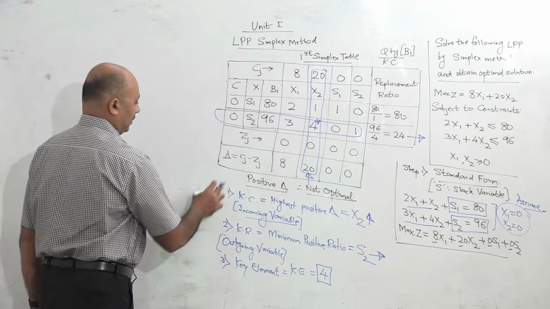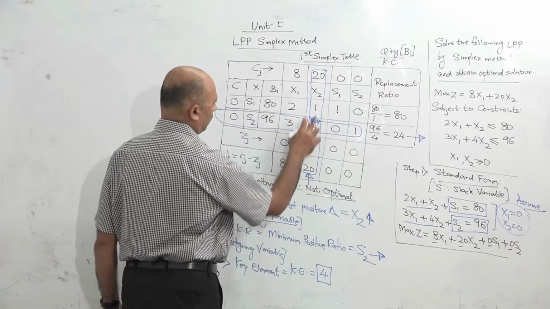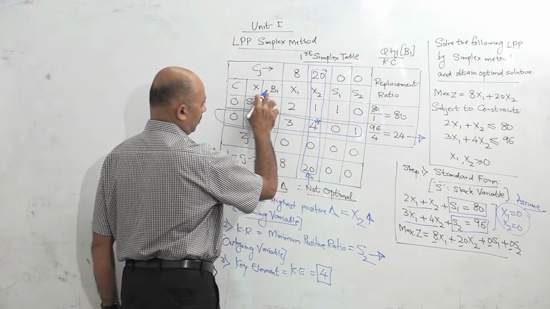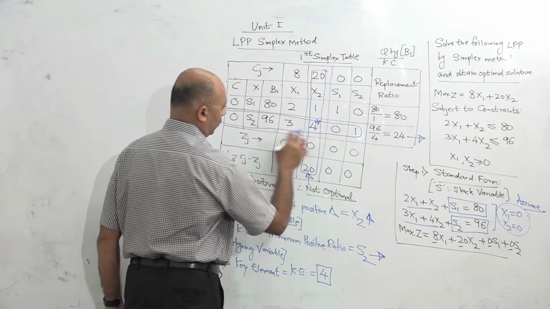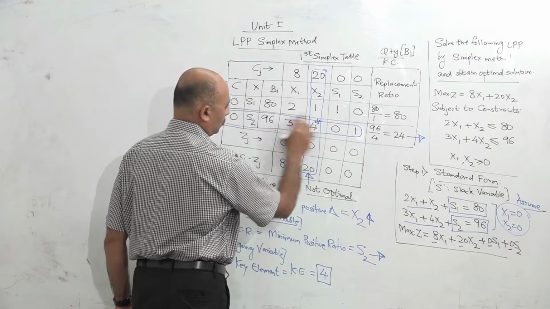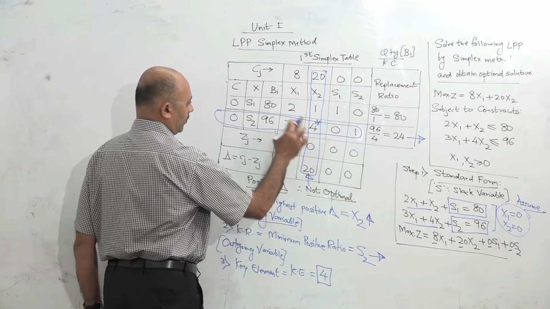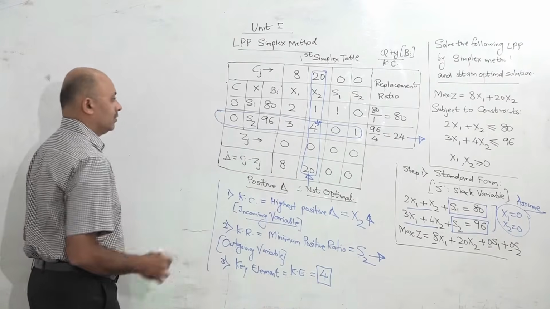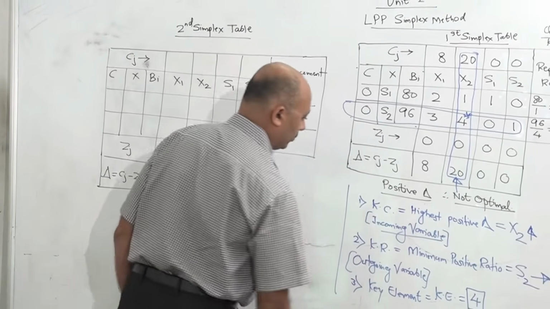Our KC, the key column, is the maximum positive delta, the incoming variable, which was X2 because delta is 20. Then you find the ratio, dividing the BI column by KC: 80 upon 1, 96 by 4 is 24. The minimum ratio is 24, so this is the outgoing variable, that is the KR, key row. The intersection value is 4, which is called the key element. Now our table 1 is complete. We know what is KC, what is KR and what is the key element.